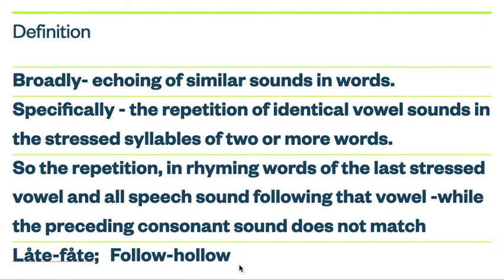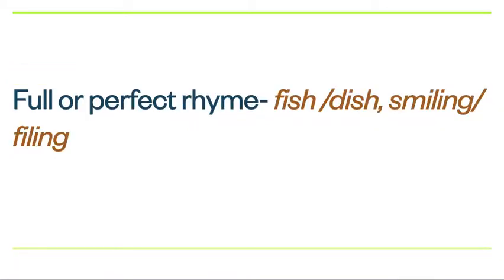So this is an example of rhyme. This is called full or perfect rhyme. As another example, we take fish, dish, smiling, filing. Here there is repetition of the I vowel, and the following unstressed sound.